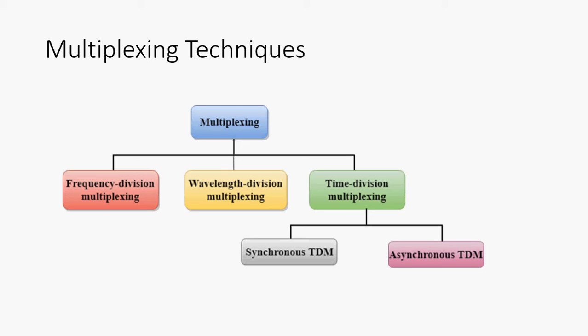Second one is wavelength division multiplexing. And the third one is time division multiplexing, which is again divided into two types, synchronous and asynchronous. So today we will focus on frequency division multiplexing and wavelength division multiplexing, and we will need a separate tutorial for time division multiplexing. So let's start with these two concepts.